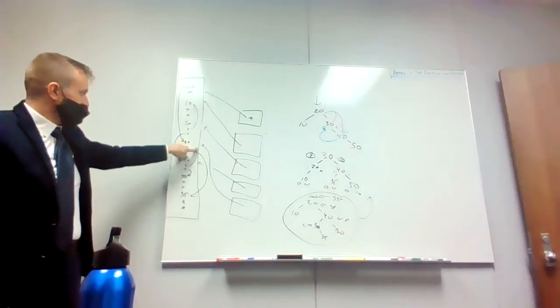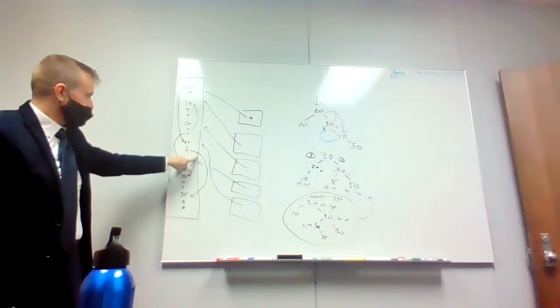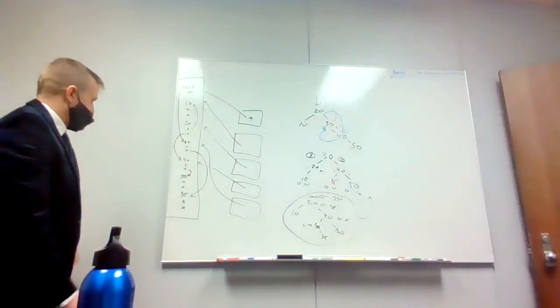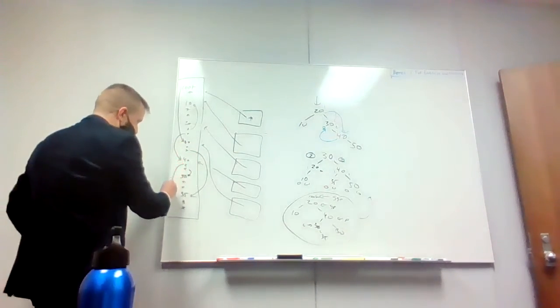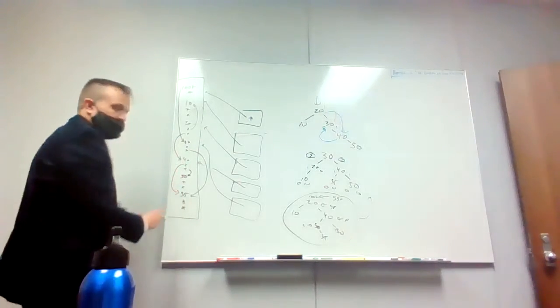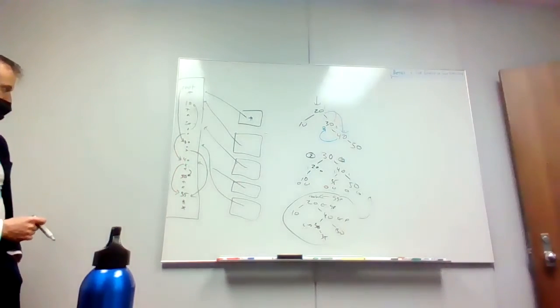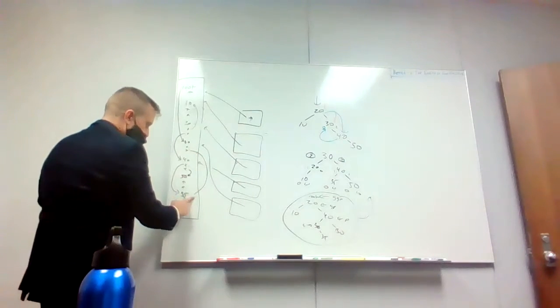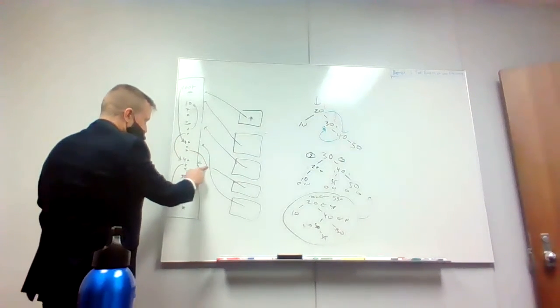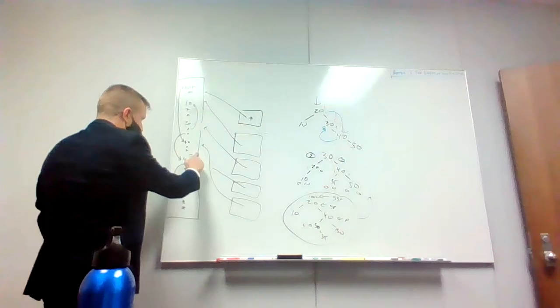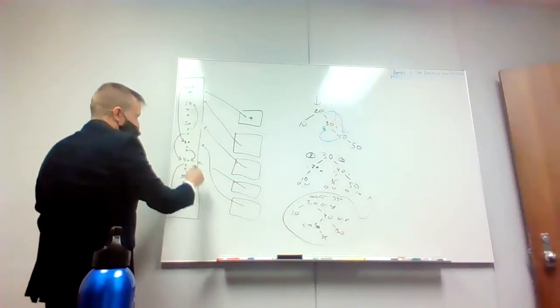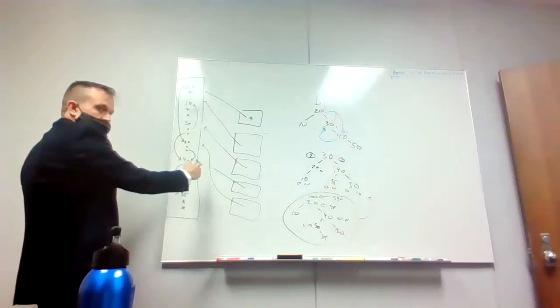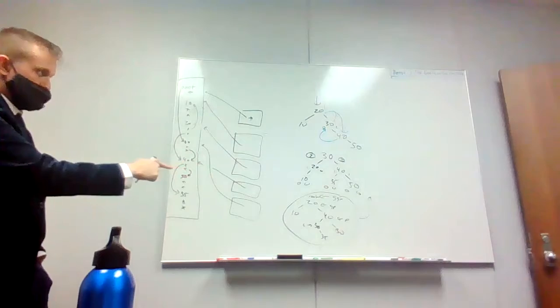So the first thing I would do is say, well, now 40's left is going to point to 35. And now I say 30's right, instead of pointing to 35, since that's now no longer necessary, is going to point to 40, which is what's pointing here.